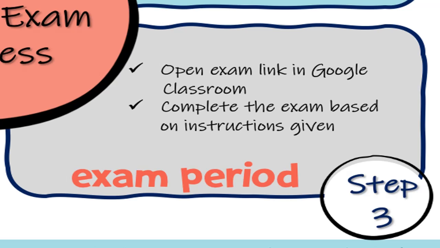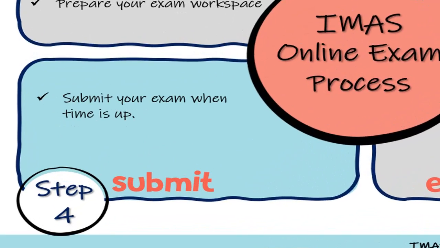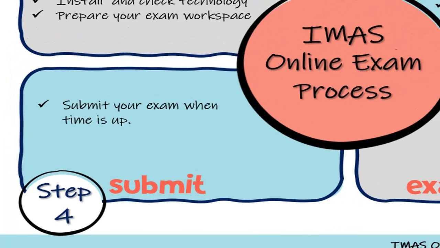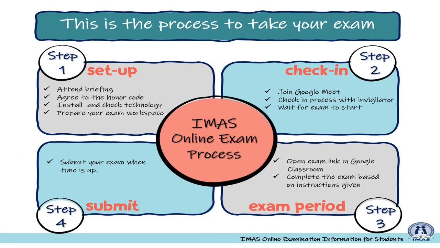Complete the exam based on instructions given. Step number 4, submit. Submit your exam when time is up and wait for the instructions of the invigilator before you leave the Google Meet. In the following slides, we will give some more details about these steps.